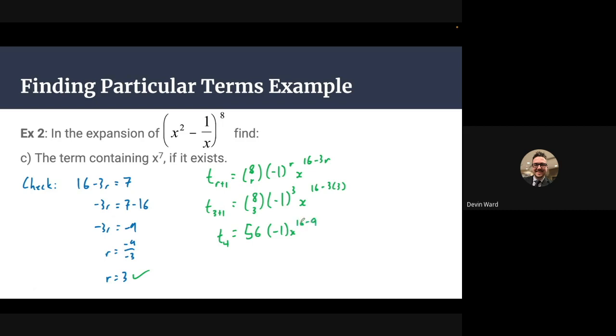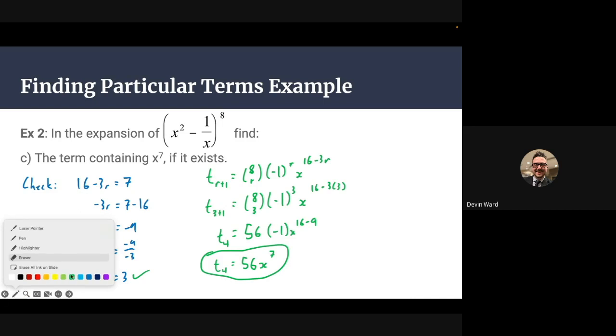So 16 minus 9, and that will change my 56 to be negative 56 x to the power of 7. Which is good, because we were looking for this term. If we don't get x to the power of 7, something's probably wrong. So the term is this fourth term, negative 56 x to the power of 7. And I don't want that, I just want this.